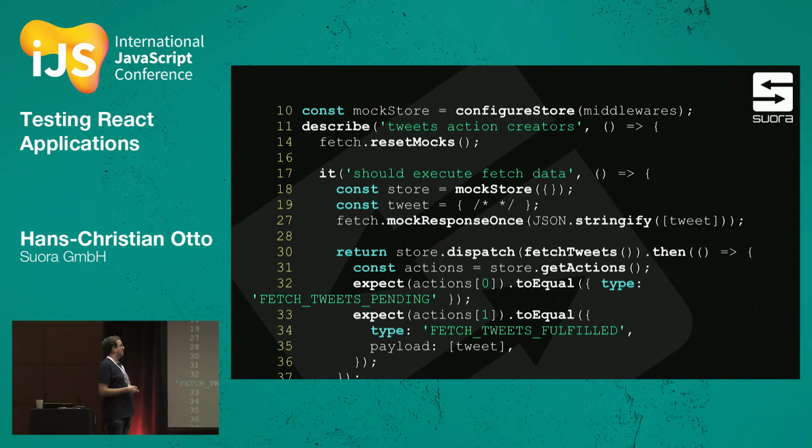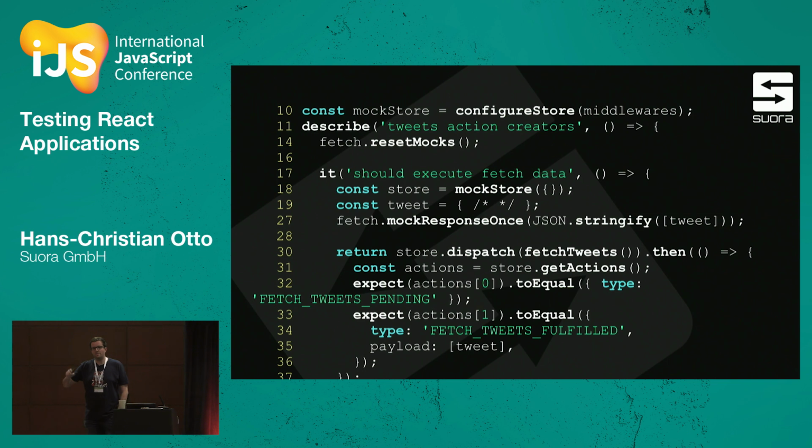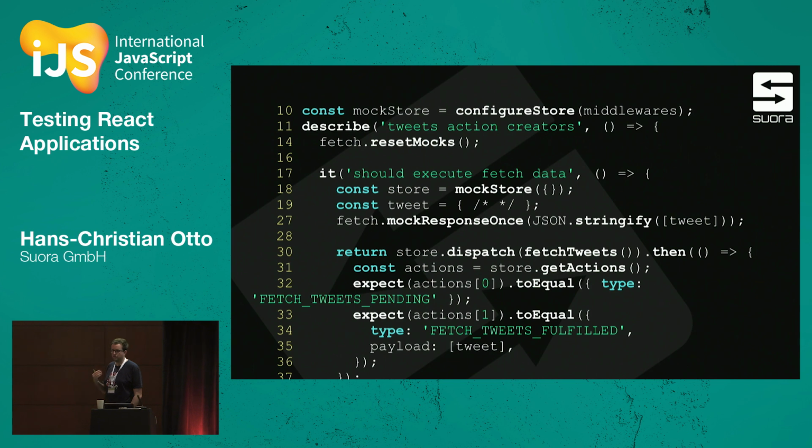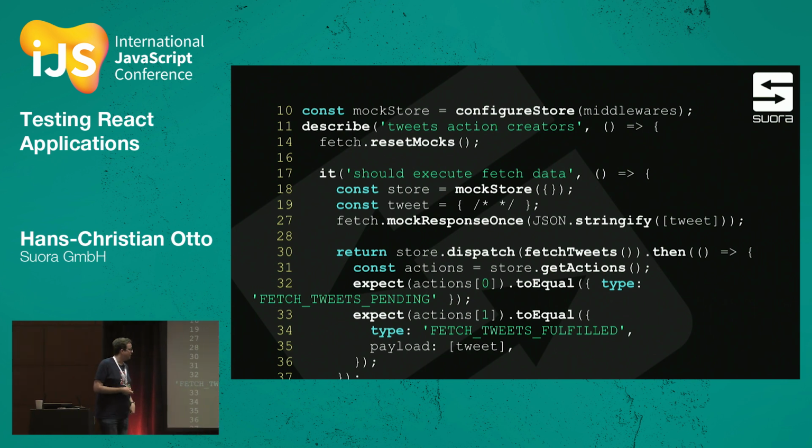And then there's the complicated part. On my mock store, I call the dispatch function and pass the dispatch function the result of my action creator that we saw on the slide before. And the mock store will then evaluate everything, will pass the action to the middlewares and so on. And when it's done, this callback gets called, and we can get the actions that were dispatched in the store, and we can then do assertions on that.